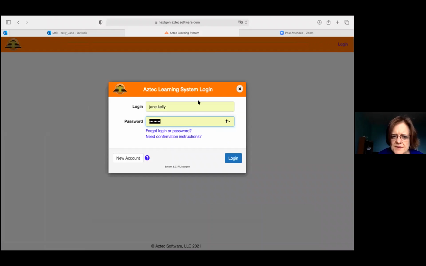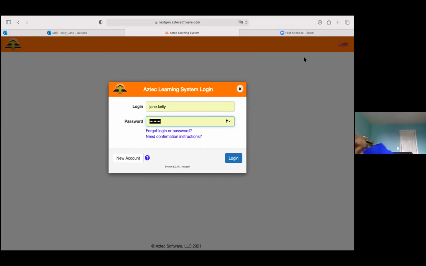Okay, so I would recommend that anyone who is using Aztec have a student account. Whether it's your own, or some programs have a sample student or test student, you want to be able to see what the student work looks like.